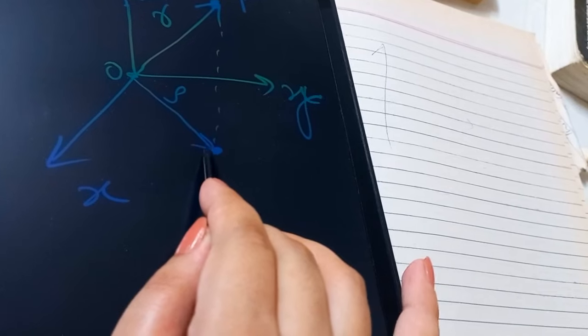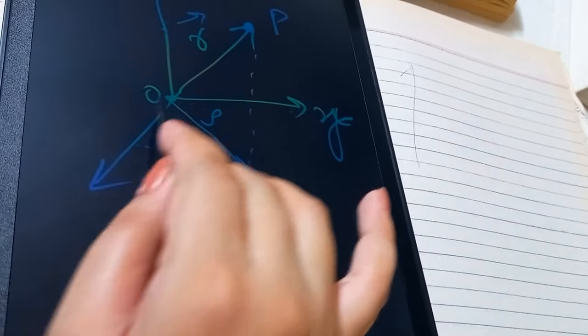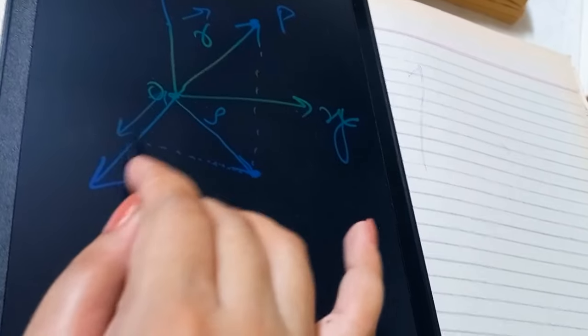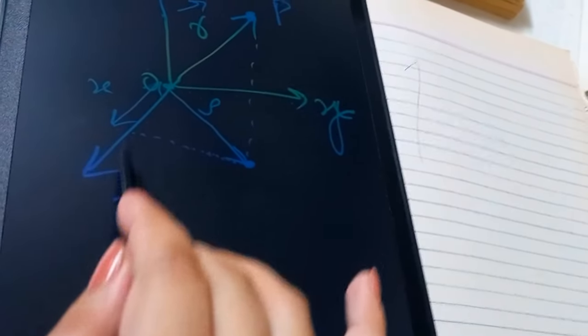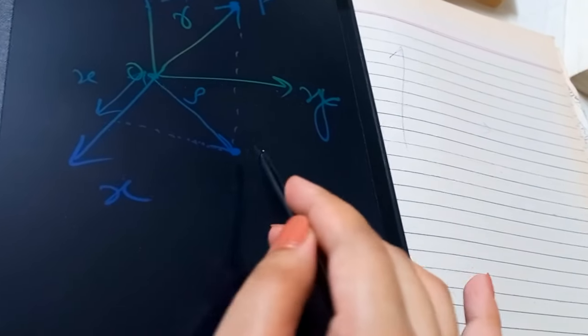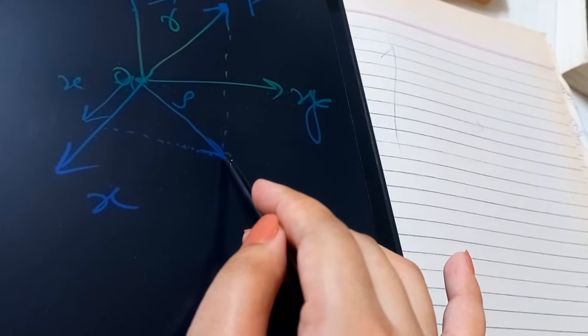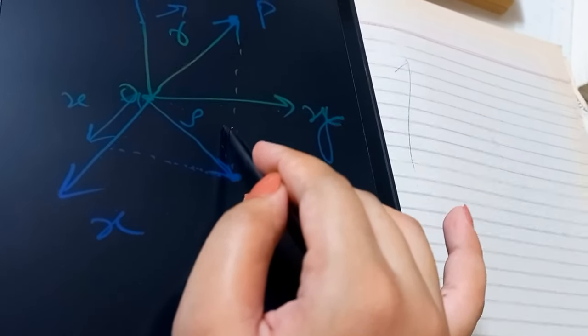And if you want to find its x units and y units, what you will do is make a perpendicular from this point on the x-axis, so it shows the x units you have to travel in the x direction. Okay, then you'll draw the projection of this point on the y direction.